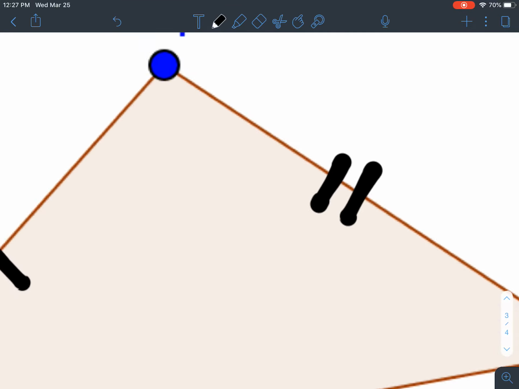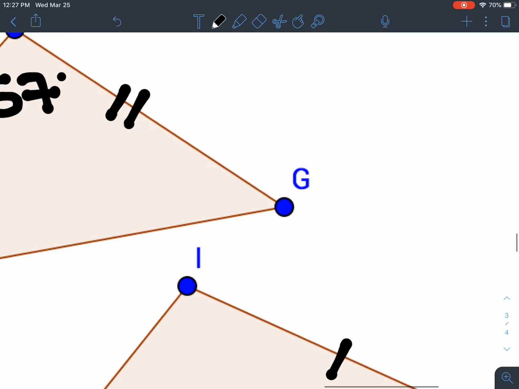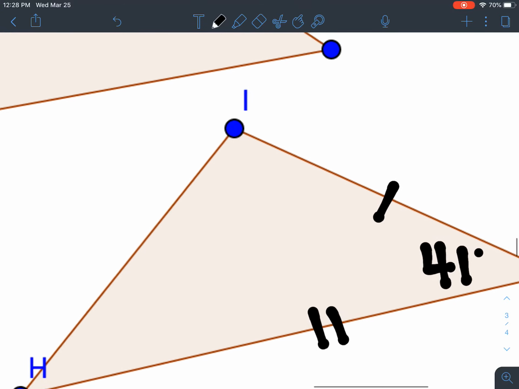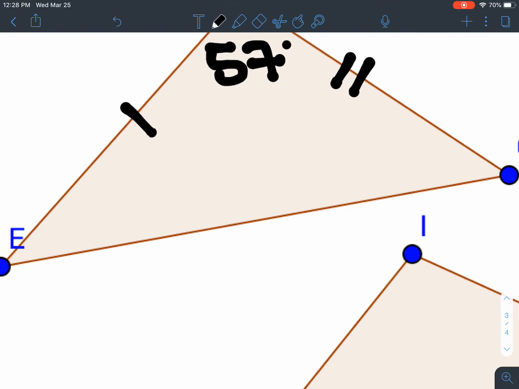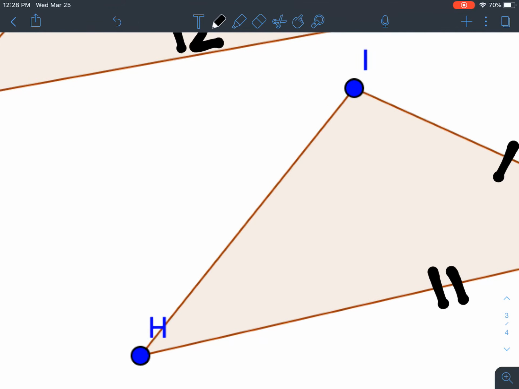We're going to have that this angle is 57 degrees. Angle F is 57, while angle J is 41 degrees. This side length of EG is 12, while this side length of IH is the expression 3x minus 6.